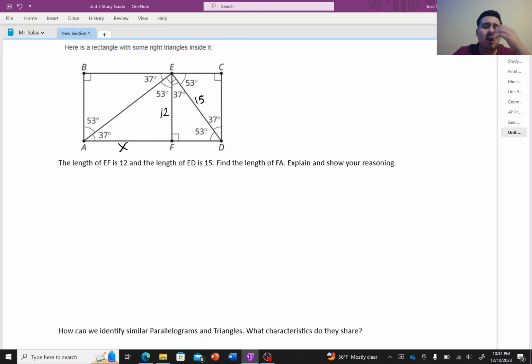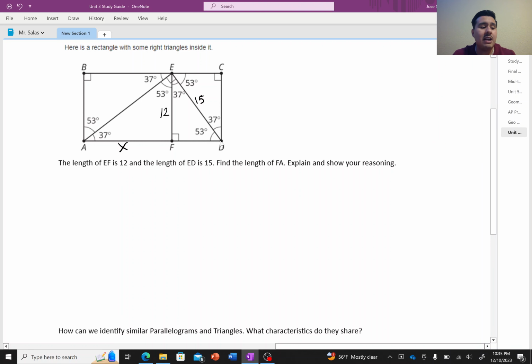If I'm just looking at this triangle AFE, I can't use the Pythagorean theorem because I don't know the length of the hypotenuse. For the Pythagorean theorem, I need at least two sides to be able to find the missing side. What I do have is this triangle here, EFD. For that triangle, I do know two of the sides.